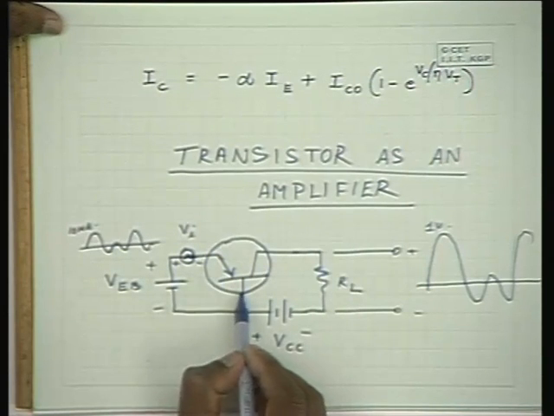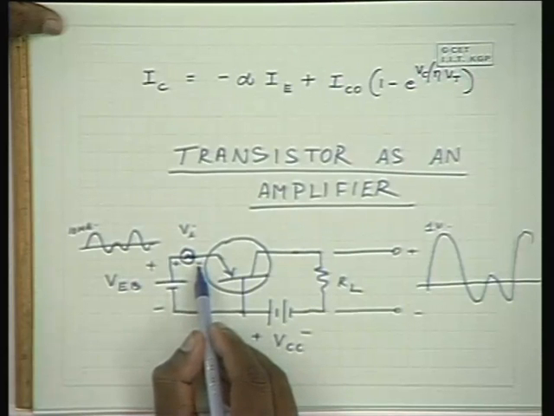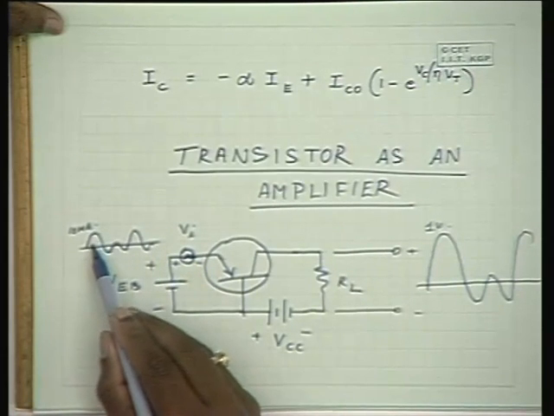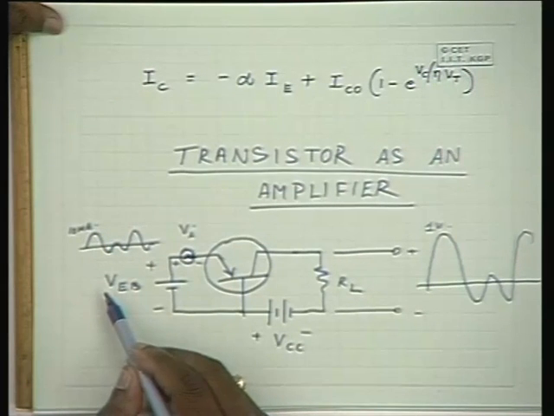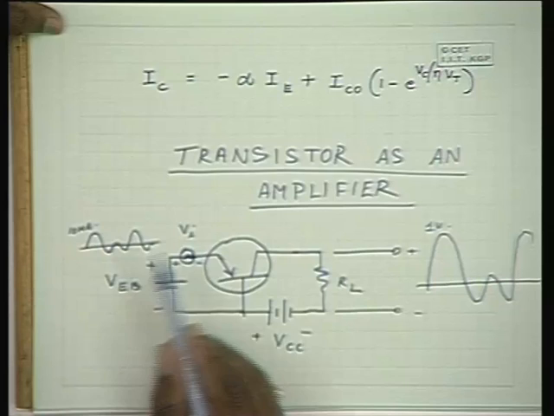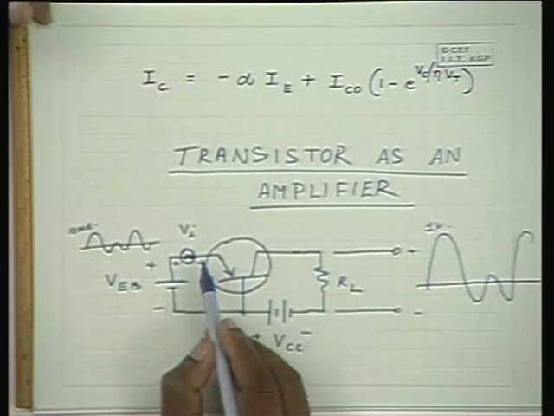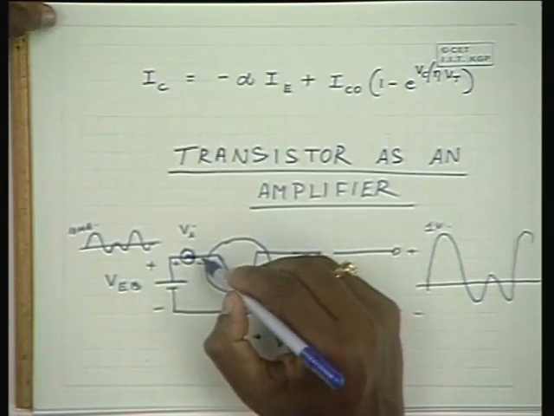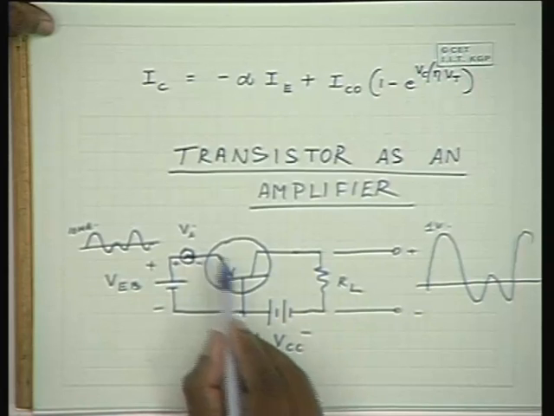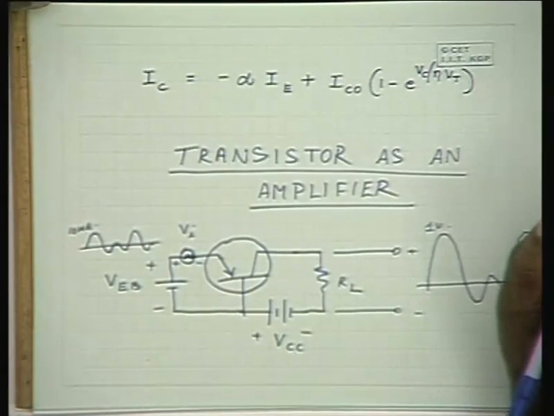So the forward potential over here is VEB plus this voltage. This may be some small incremental voltage, maybe plus 10 millivolts or minus 10 millivolts, or something in between. Then the current that diffuses from the emitter junction into the base changes proportionately.